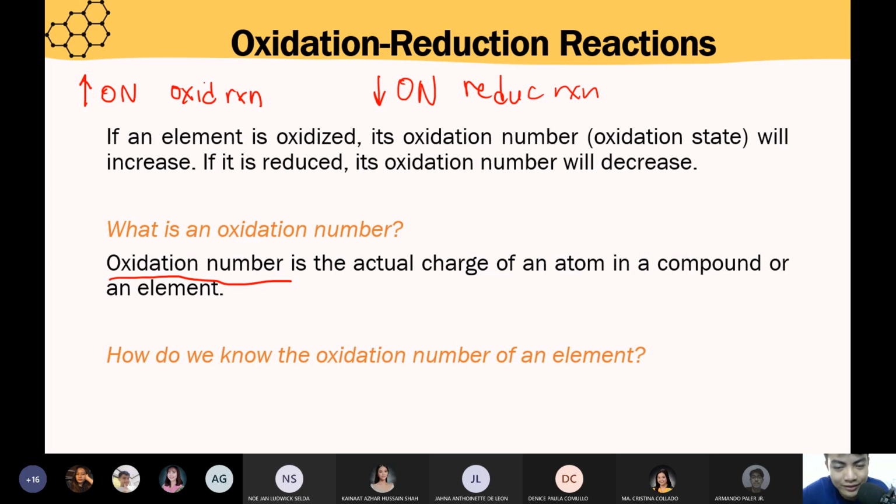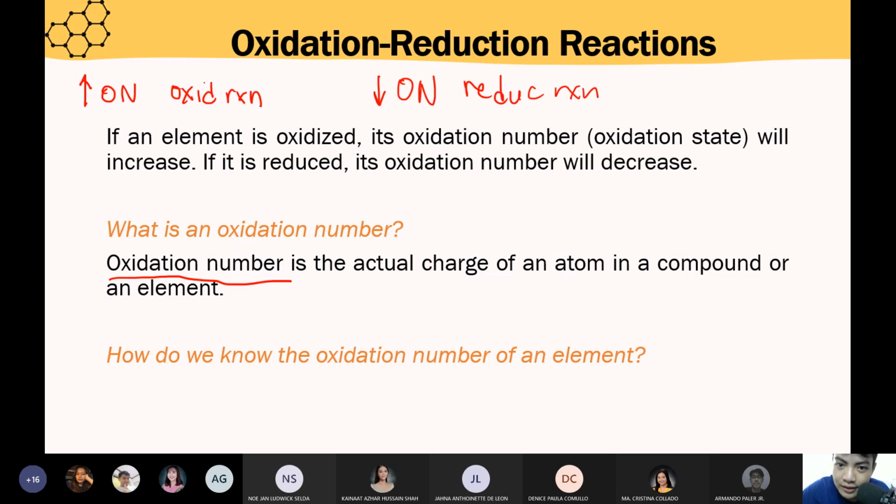Because this is electrochem. This is a redox reaction. That's why we use different terms. Okay? So, again, when an atom loses electron, it becomes highly charged, meaning the oxidation number increases. Okay? And when it gains electrons, which are negative, its charge becomes lower, or the oxidation number decreases.